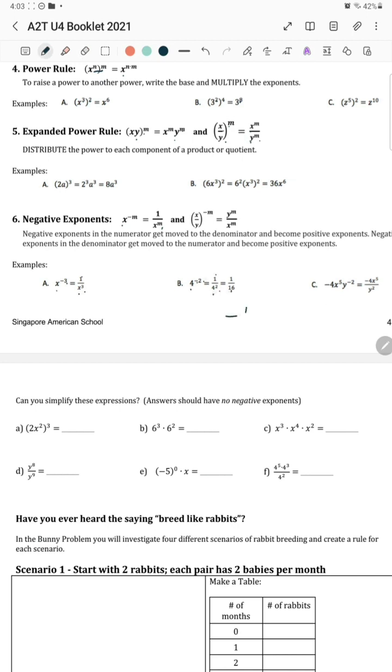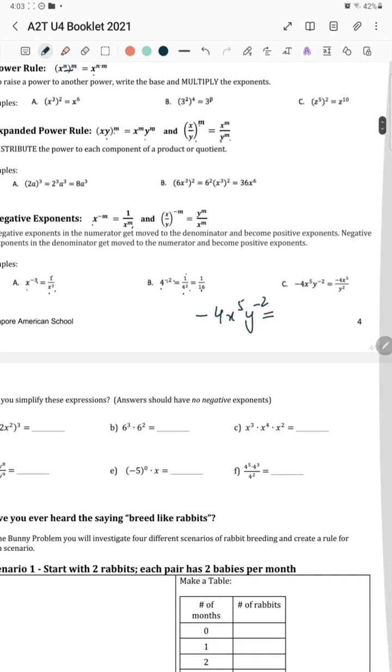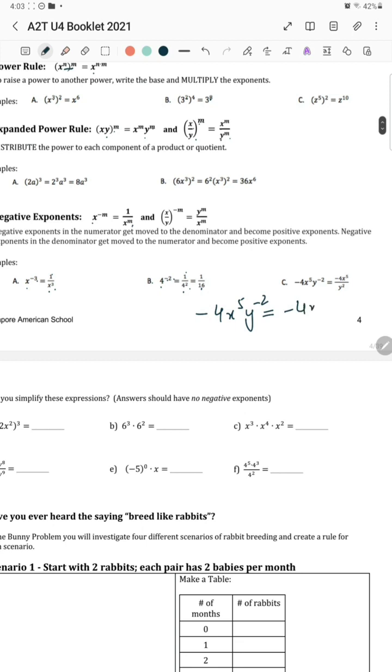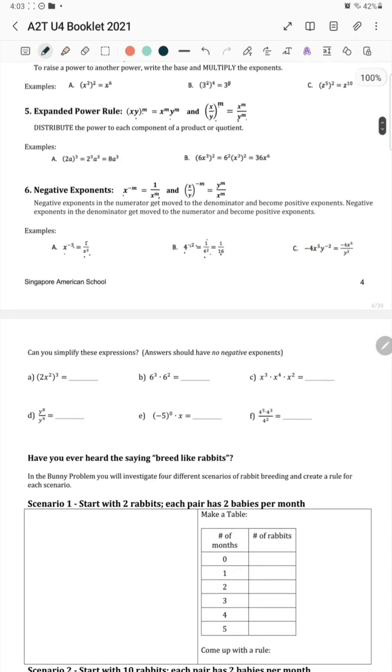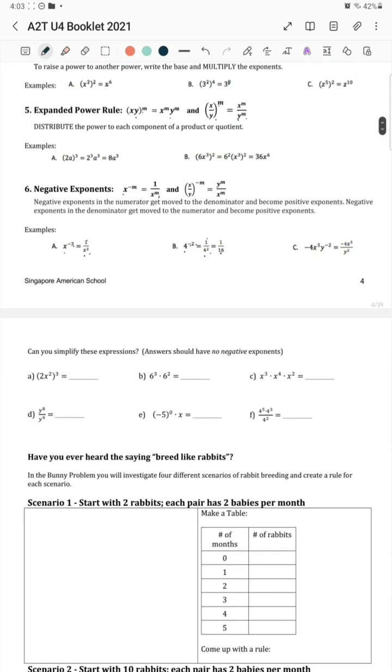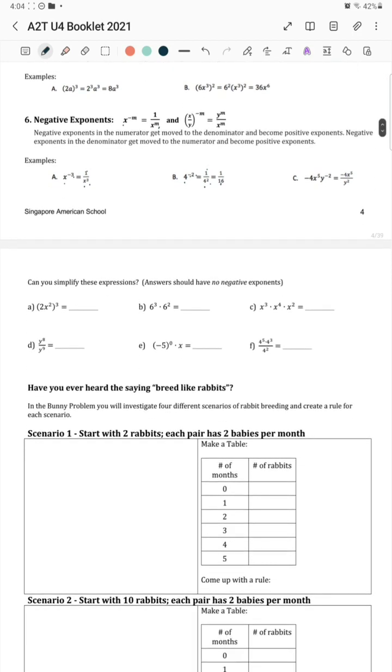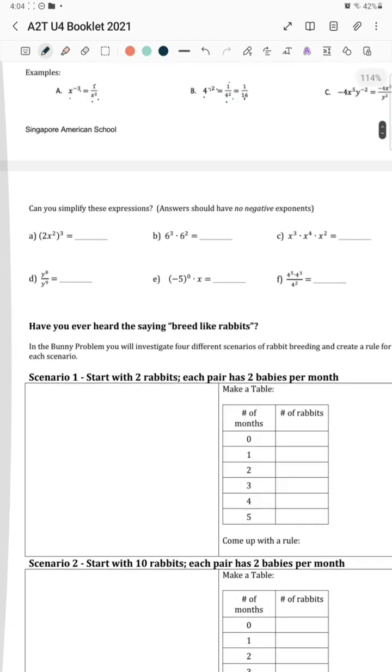Here it is minus 4 x to the power 5 y to the power minus 2. Minus 4 x to the power 5 is already positive. The negative is on y, so y will come in the denominator with 2. Whenever we have a negative exponent, we move it to the numerator or denominator, reverse the fraction, and we get the positive answer. So can you simplify these expressions?